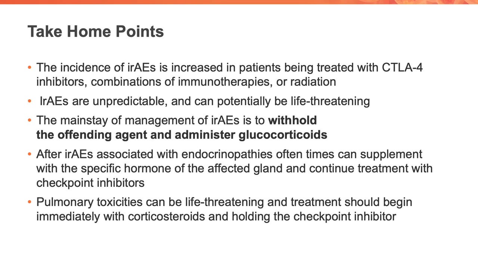The mainstay management of immune-related adverse events is to withhold the offending agent and to administer corticosteroids. After immune-related adverse events that are associated with endocrinopathies, oftentimes you can supplement with a specific hormone of the affected gland and continue treatment with checkpoint inhibitors. Pulmonary toxicities can be life-threatening, and treatment should begin immediately with corticosteroids and holding the checkpoint inhibitor.